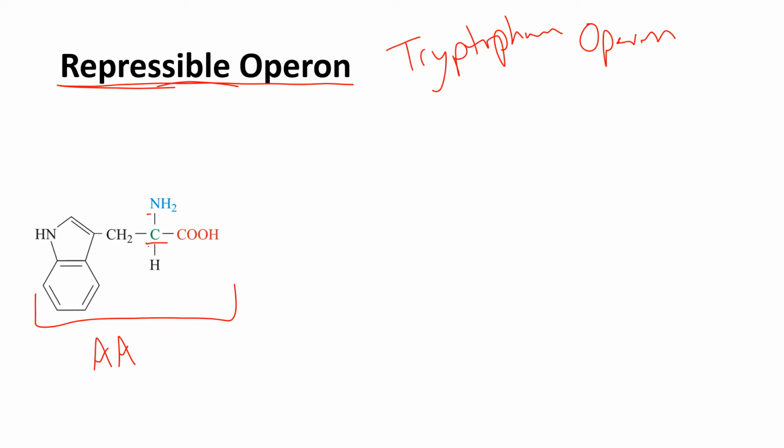One covalent bond is to an amino group, the other covalent bond is to a carboxyl group, then a third covalent bond is to a hydrogen, and then the last covalent bond is to a functional group. And this is the particular functional group for tryptophan. But tryptophan is one of the 20 amino acids that is required by living things in order to make proteins. So tryptophan is pretty important for living cells.